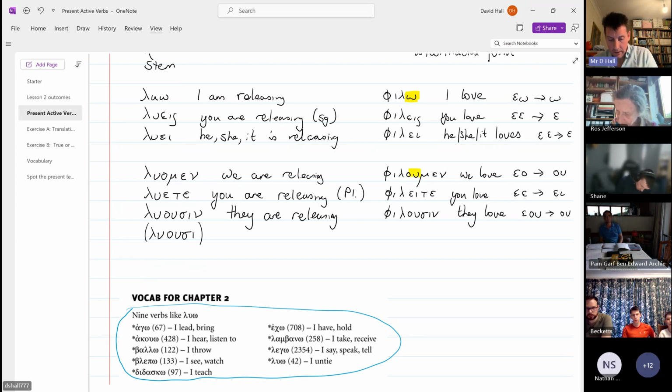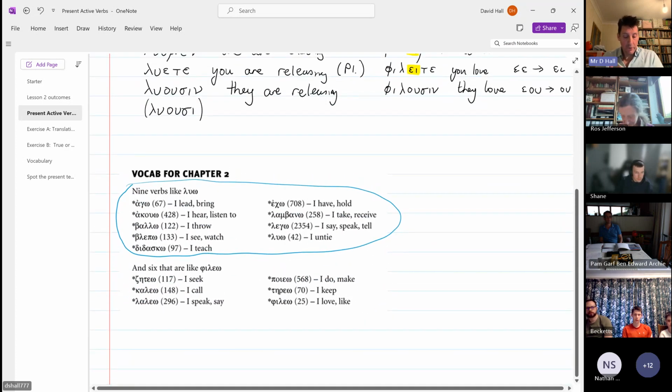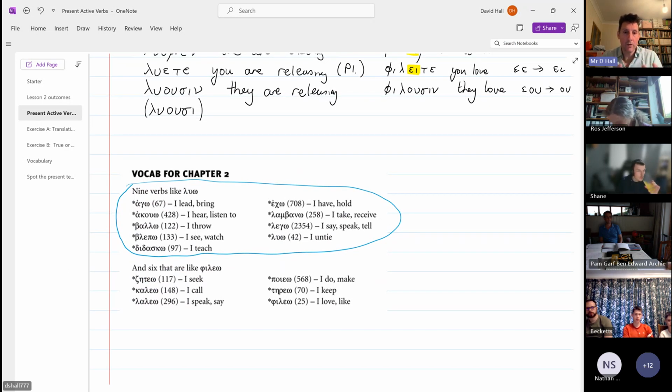And then you'll notice that these ones and these ones are a little bit different. Apart from that, they do exactly the same thing as what we've done already. So if you take a look at the second set of vocab that comes in chapter 2, there are 6 verbs which we can learn now. So we've got 9 like luo, we've got 6 that are like philo, and you can tell with the uncontracted form as the root as it's given that you have the epsilon omega verb, and so you need to translate them and write them accordingly.